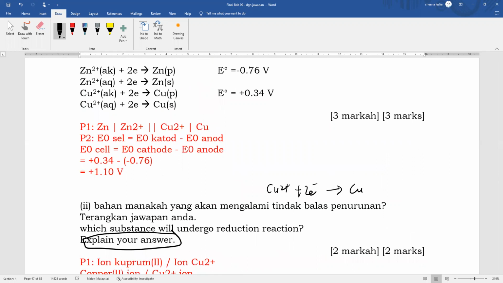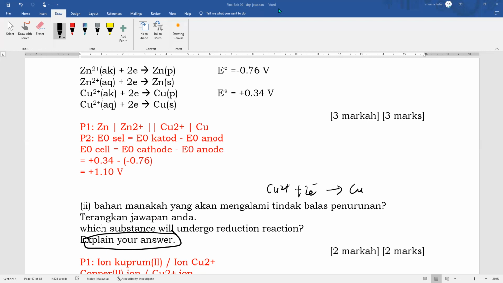So when you want to explain, what do you see in this equation? What is happening to my copper 2 ions? Dini, try? It's becoming solid. Okay, very good, but you cannot say becoming a solid.